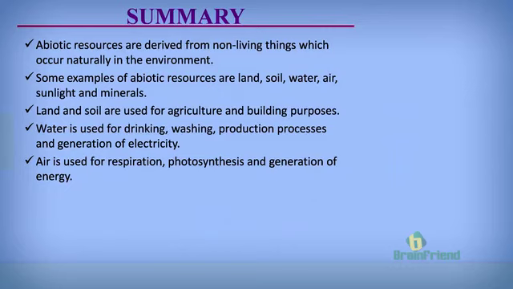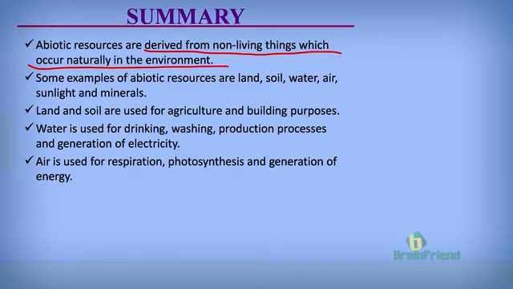In summary, we started by saying abiotic resources are derived from non-living things that occur naturally in the environment. These are resources that do not have life in them, yet they were not created by man. They occur by nature in our environment.